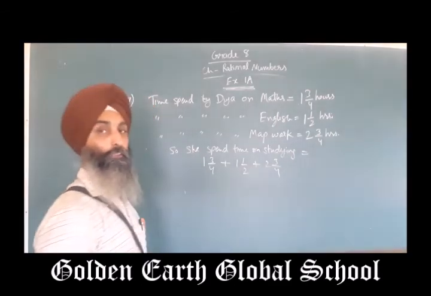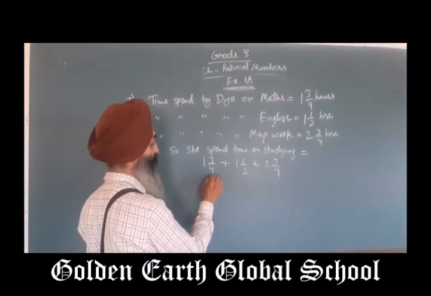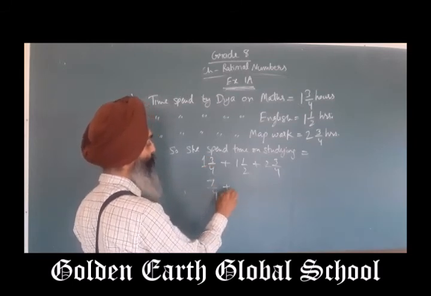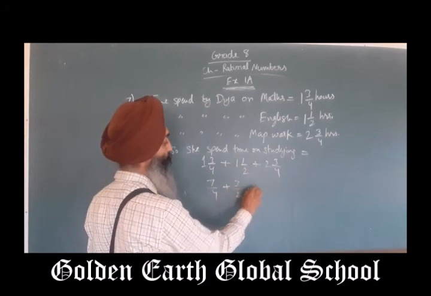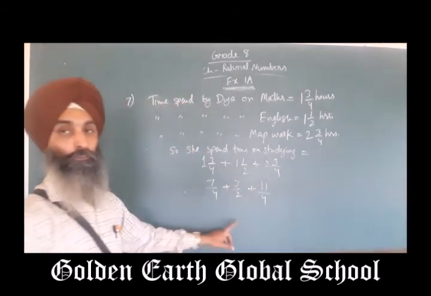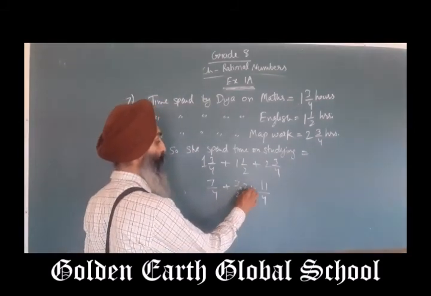As these are mixed fractions, we have to convert them into simple fractions. So it is 15 upon 4, 3 upon 2, and 11 upon 4. The LCM of 2 and 4 is 4. How to make it 4? By multiplying 2.